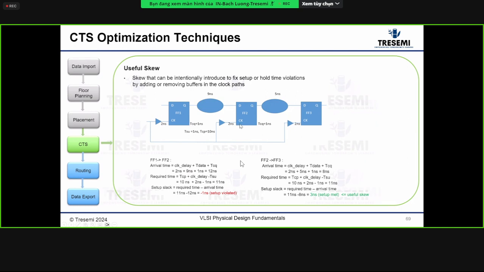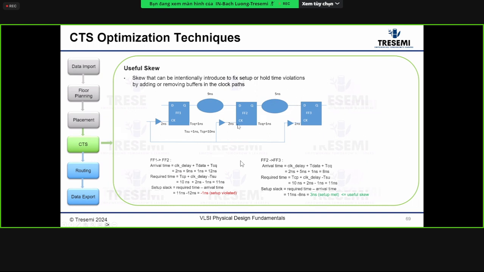Now let's take a look at the flip-flop 2 to 3 timing path. In the same manner, you can see the clock delay is 2 nanoseconds, propagation delay for data is 5, plus clock-to-Q is 1. So the data arrival from here to here is 8 nanoseconds.